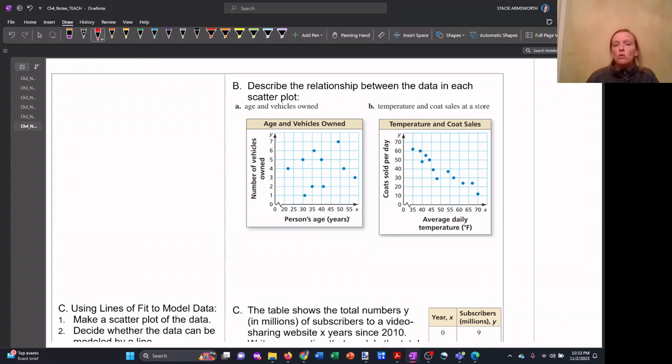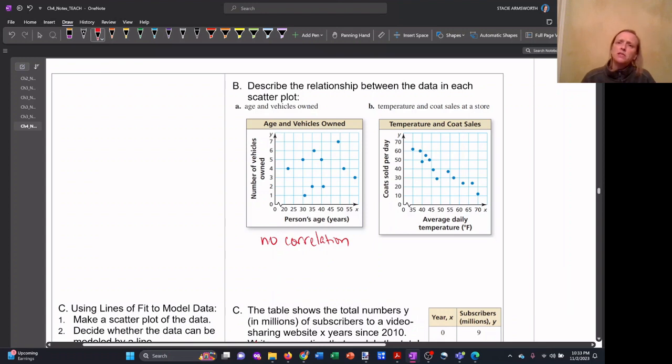There's no correlation here between the age and the number of vehicles owned. It doesn't seem to fit a line that has a positive slope or a negative slope. So we say no correlation.